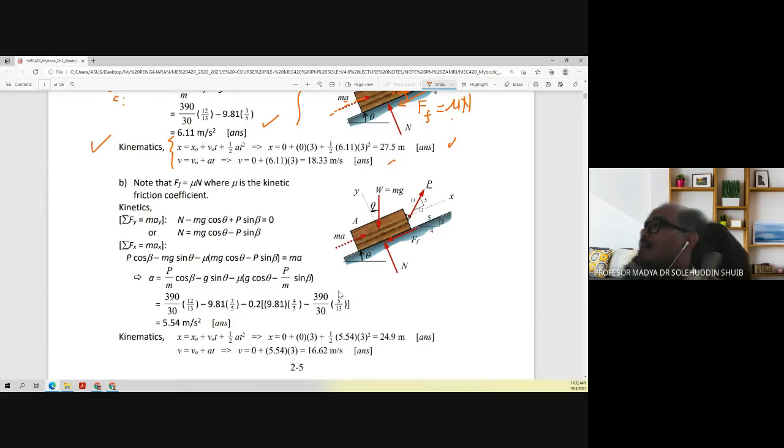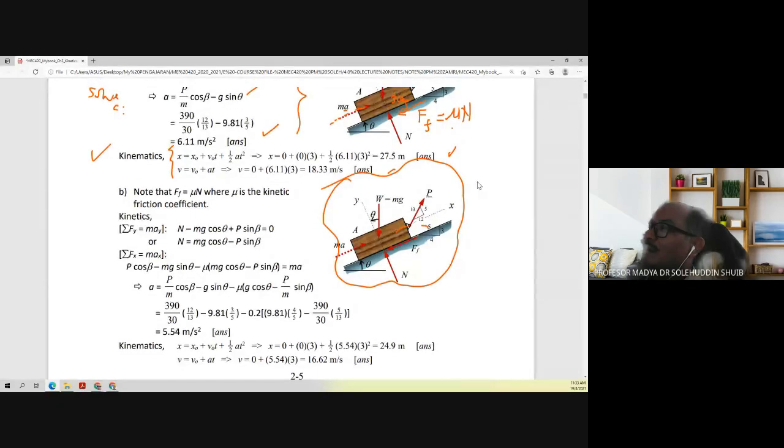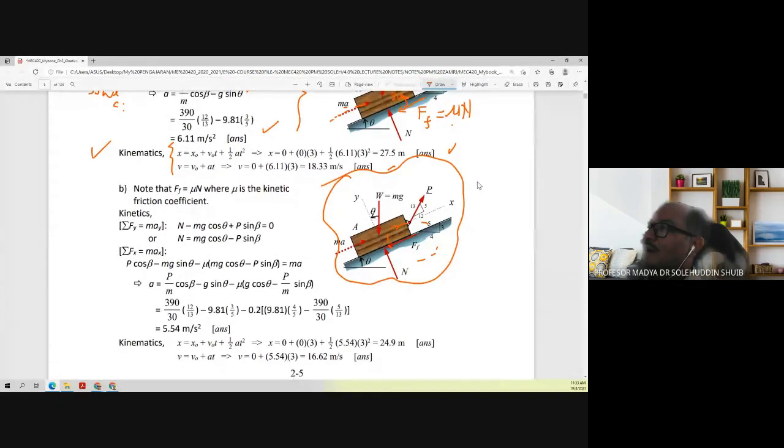For this case, you have to put the summation of forces in the x and y directions. We are focusing here, on this one. Again, the same free body diagram, but with additional information, which is the frictional force. We know that F equals mu N. So you do the summation of force for x and y.